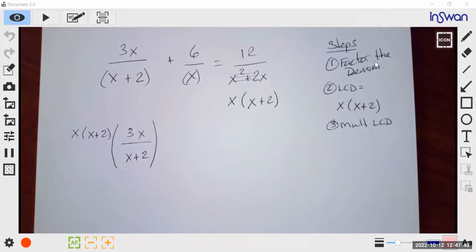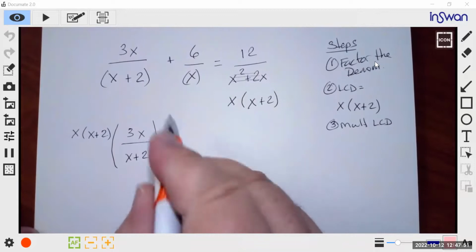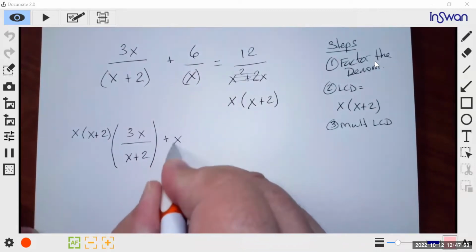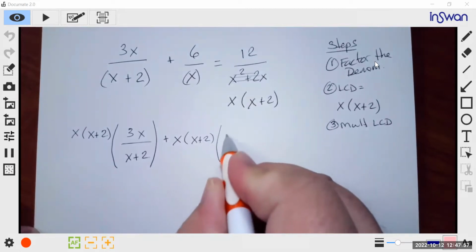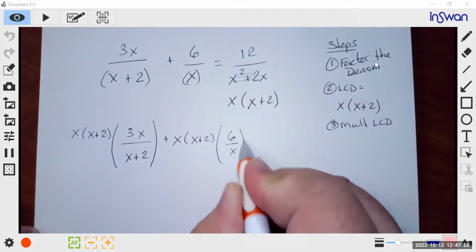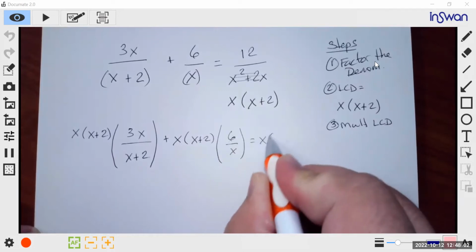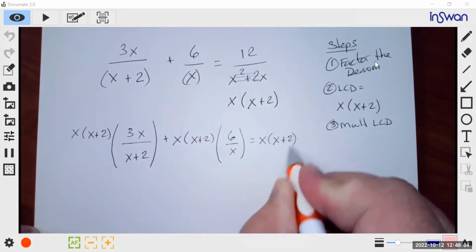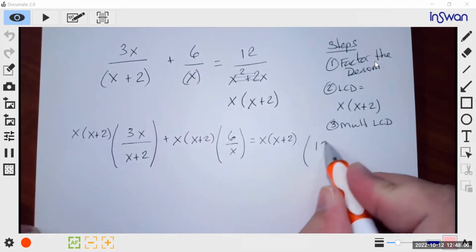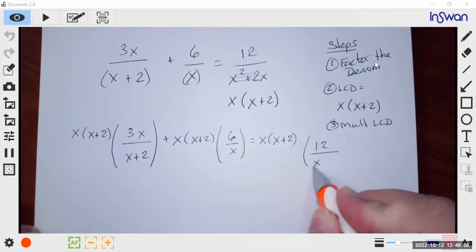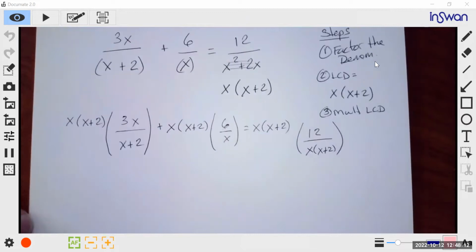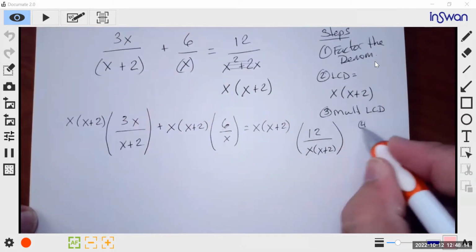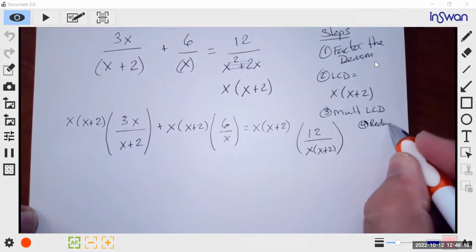Okay. So I put the LCD in front of each term. Then I reduce.